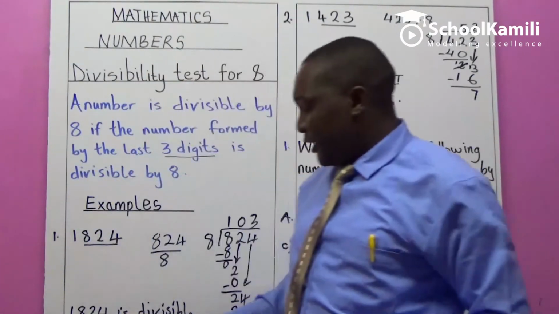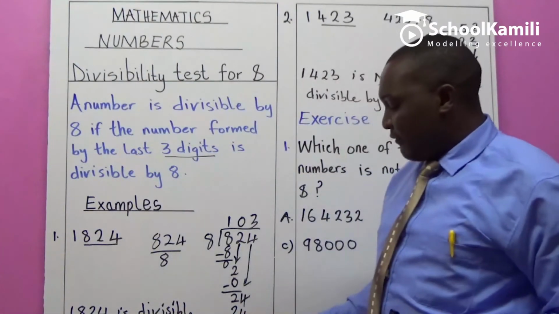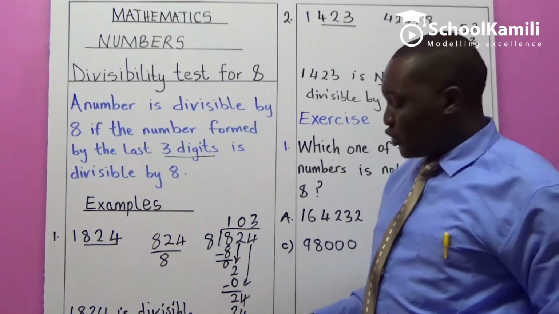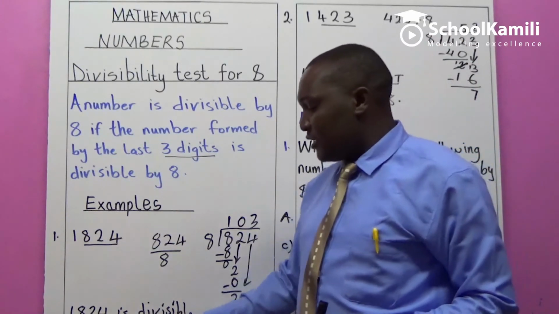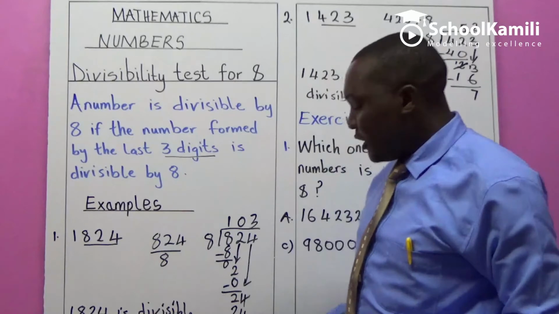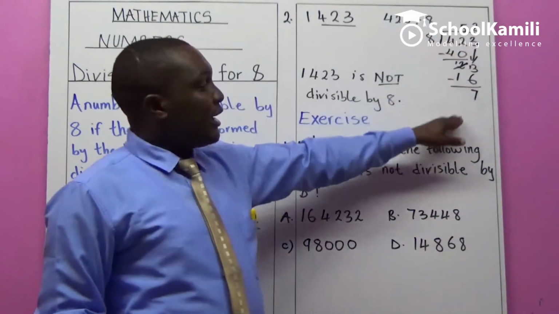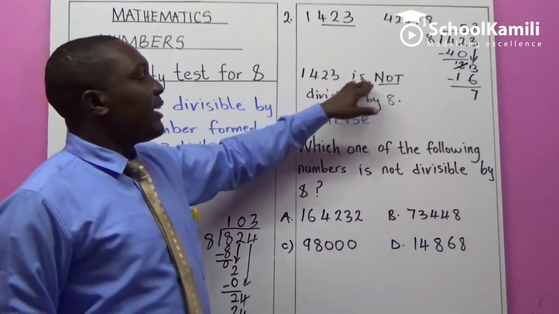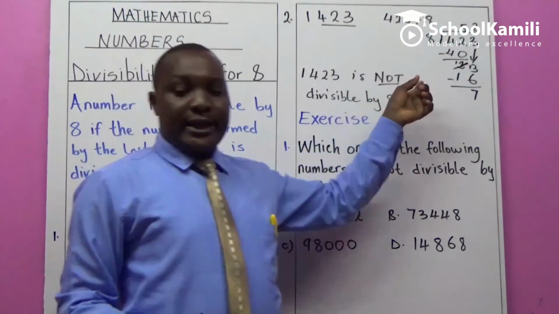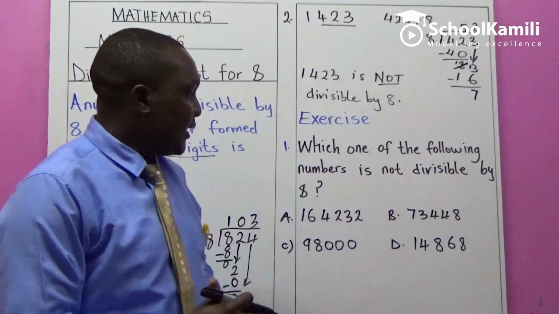In the previous example, we did not have a remainder. That's why we say it is divisible by 8. But if you find there is a remainder, then you will say that number is not divisible by 8.